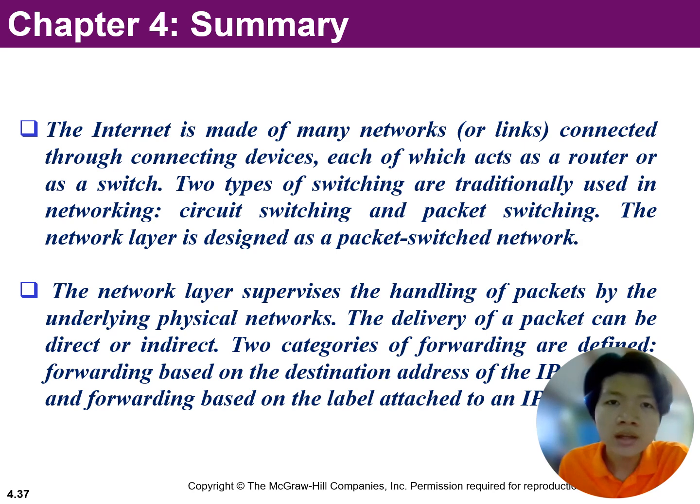The network layer supervises the handling of packets by the underlying physical networks. The delivery of a packet can be direct or indirect. Two categories of forwarding are defined: forwarding based on the destination address of the IP datagram, and forwarding based on the label attached to an IP datagram.